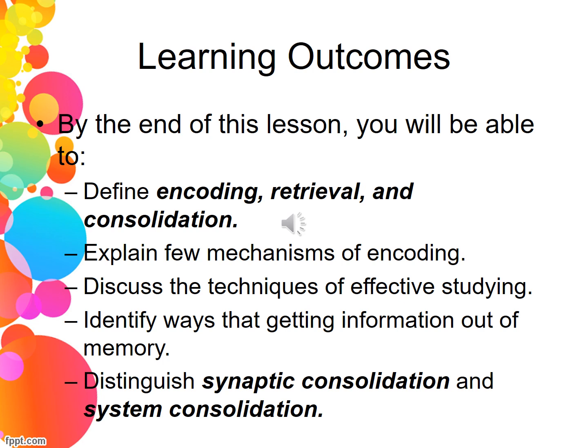I hope that it can relate more to your own personal experience, and then identify ways of getting information out of memory, which is how we retrieve memory from long-term to working memory. Lastly, you will be able to distinguish what is synaptic consolidation and system consolidation. So do your own self-test after you watch this video lecture and examine how well you can understand and achieve all these learning outcomes.